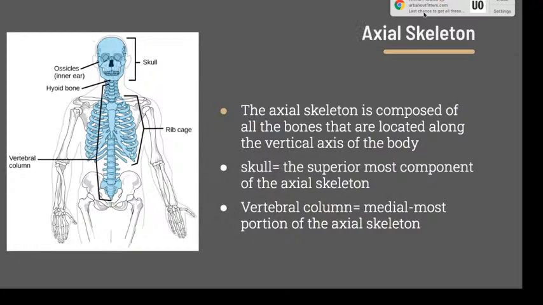If you see right here. The vertebral column is the medial most portion of the axial skeleton. This right here. And the ribs and the other bones making up the rib cage are considered part of the axial skeleton because they are functionally linked to the vertebral column.